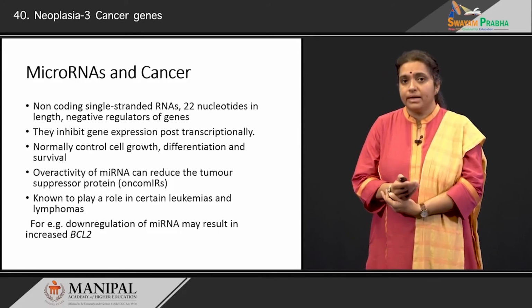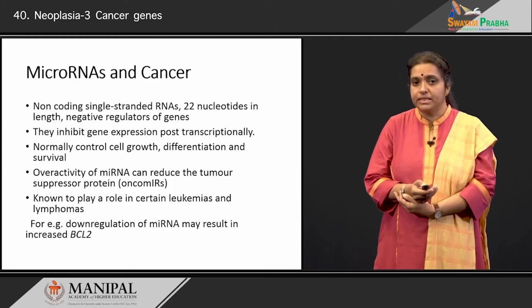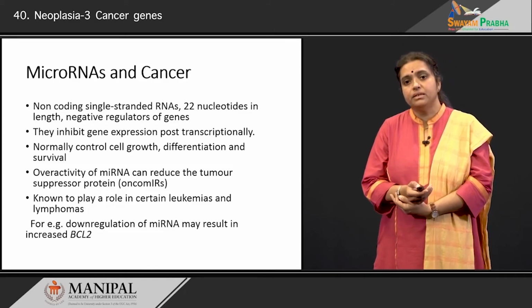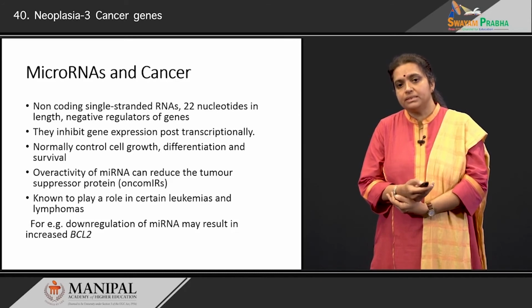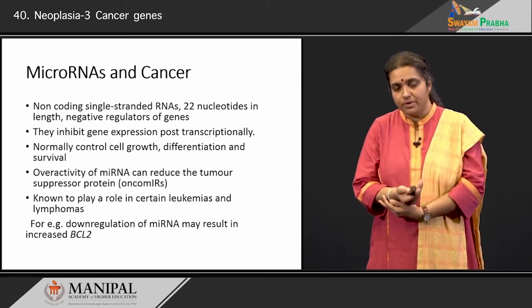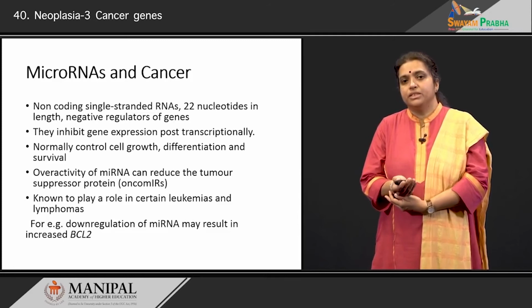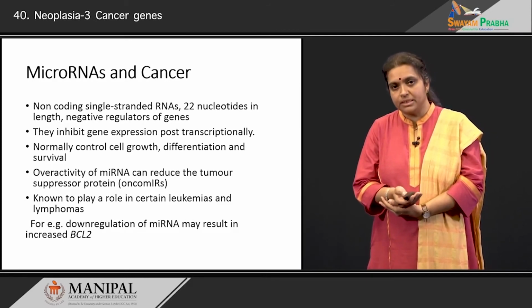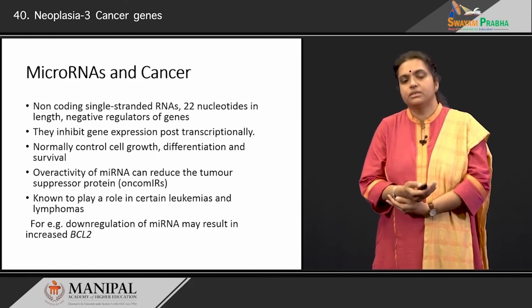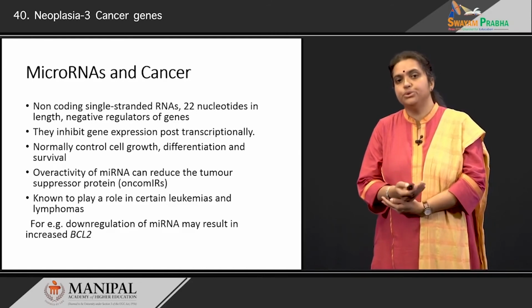Now, again, overactivity of these negative regulators can reduce the tumor suppressor protein. So, if these microRNAs are overactive, the normal function of the tumor suppressor gene product, the protein, is reduced. So, this can lead to cancer.